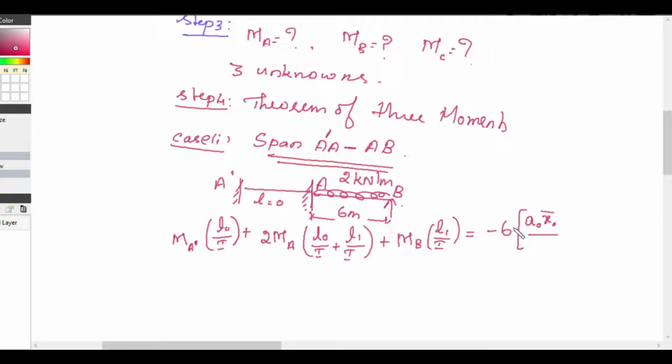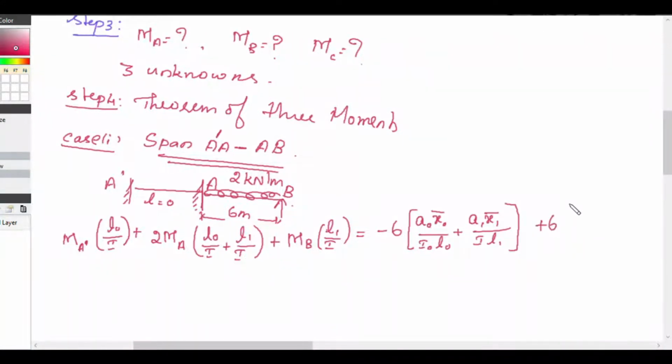So A naught X naught bar divided by I naught L naught plus A1 X1 bar by I L1, plus 6 into E delta A dash by L naught plus E delta B, that is the first support and the third support, by L2.